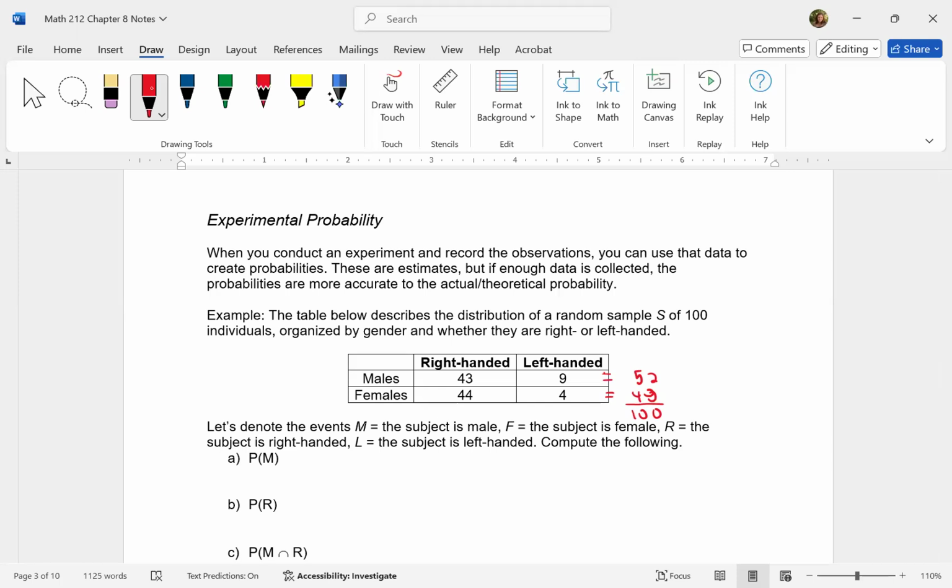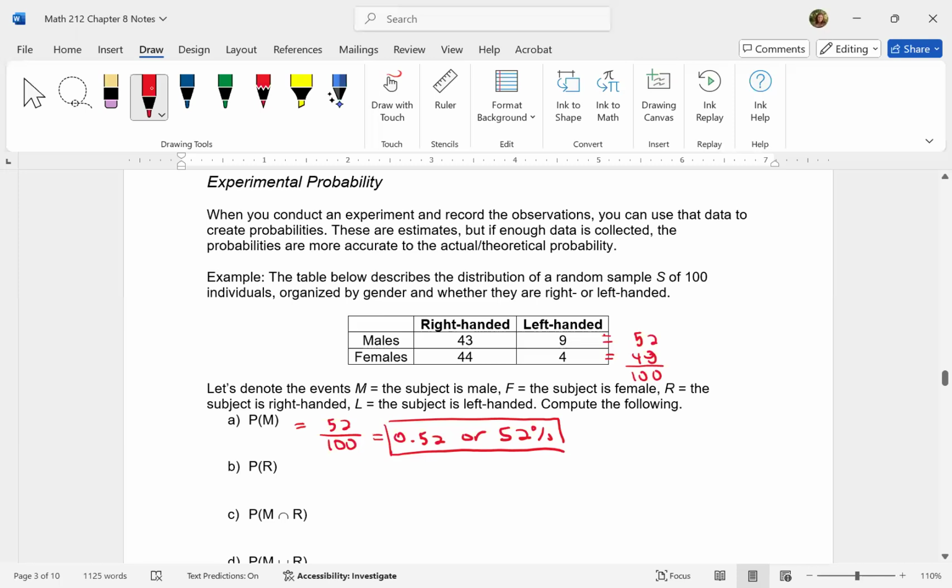We actually needed the whole row because all of these people here are male. So therefore, 52 out of 100 are male. I'm going to write it as a decimal, or a percent would have been completely reasonable as well. We use percents a lot for probabilities too. So I think both of these are a reasonable way to answer it rather than reducing the fraction.